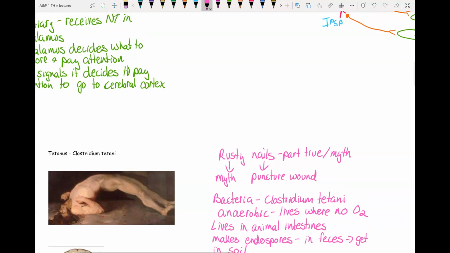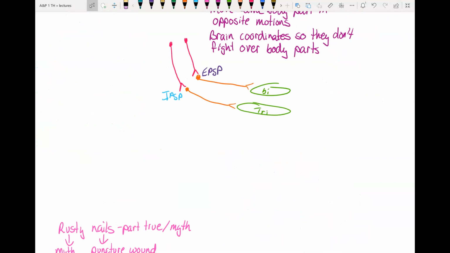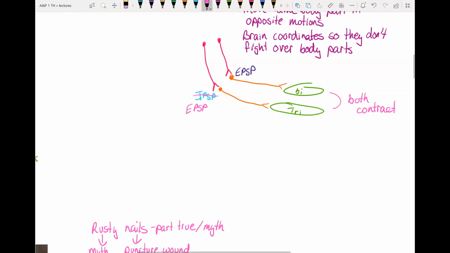So this thing up here where I said antagonistic muscles can't both have EPSP at the same time, your brain won't let them fight. Well, if you have tetanus, they're both EPSP. And both of these muscles contract. So then they do get in a fight with your body parts.